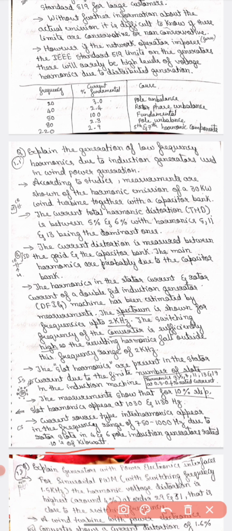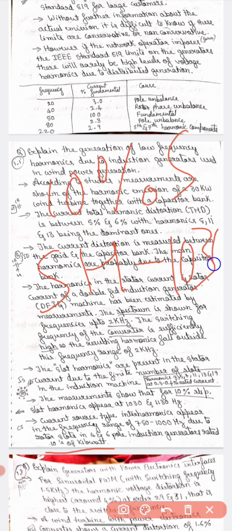So near 10% slip, measurements show slot harmonics, SH, at 1030 and 1130 hertz, and current source type interharmonics, IH, at 750 to 1000 hertz.